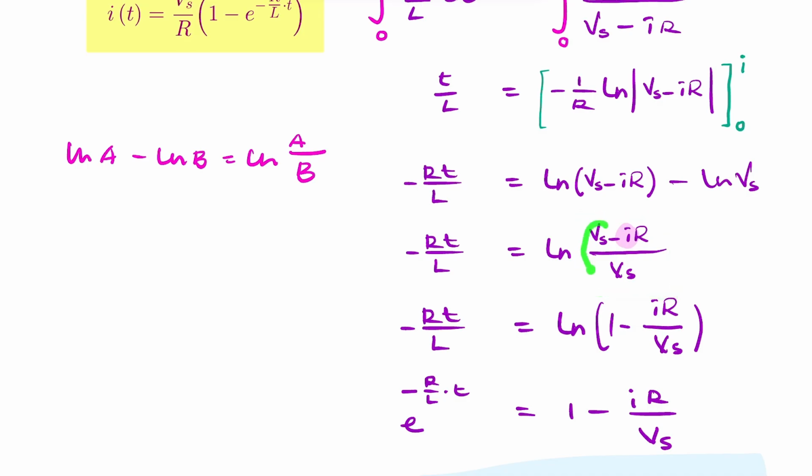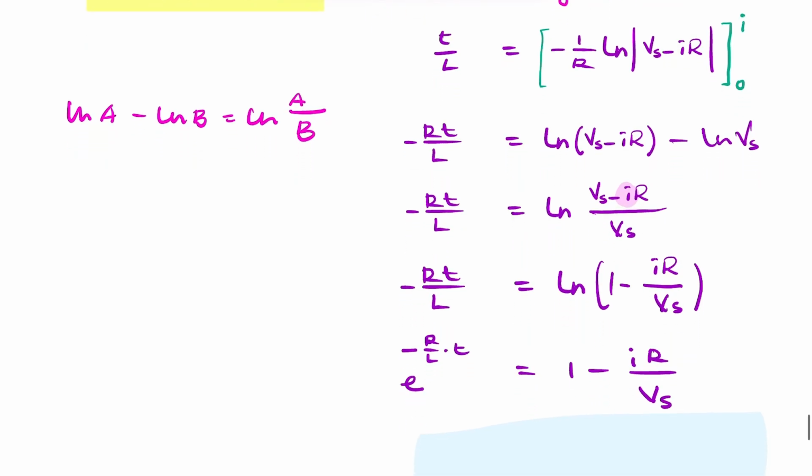So it's Vs over Vs, which is 1, minus IR over Vs. Now, to get rid of the logs, because what we want is I equals, you would either apply the definition of log, which is e to the power that equals that, or just take the exponential of both sides. So e to the power all of this is e to the power all of that, and the e cancels with the ln, leaving that.